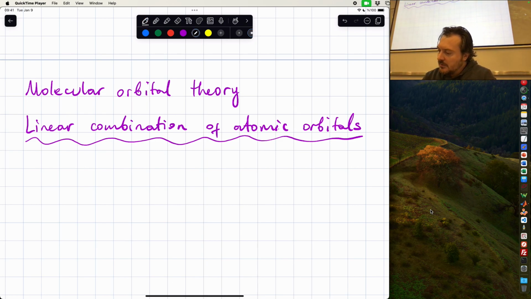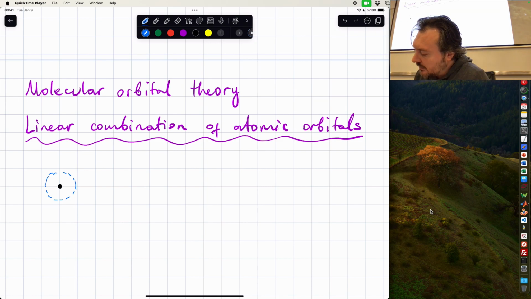So let me just draw. This is a hydrogen, let's say. There is a nucleus, and the electron revolves around it, and we can write a Schrödinger equation for it. It has a Hamiltonian.